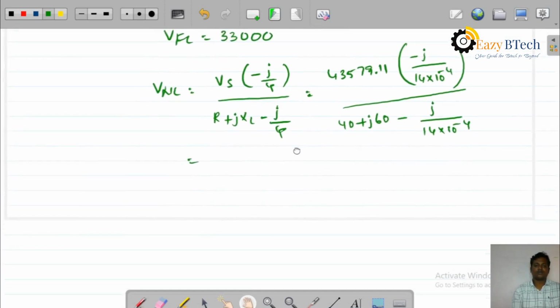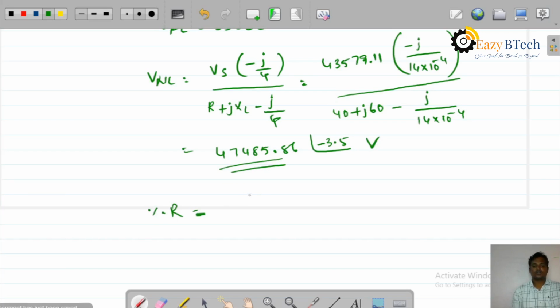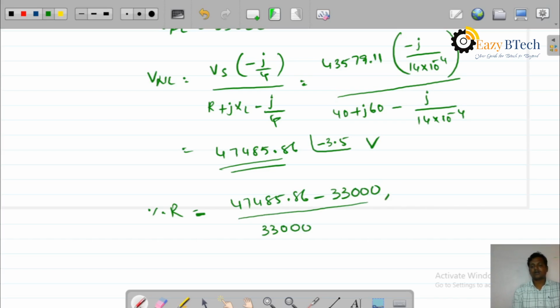You get the no load voltage as 47485.86 at an angle minus 3.5 volts. I take the magnitude only for this calculation. Therefore, percentage regulation equals 47485.86 minus 33,000, divided by 33,000, into 100. You get the regulation as 43.9%.